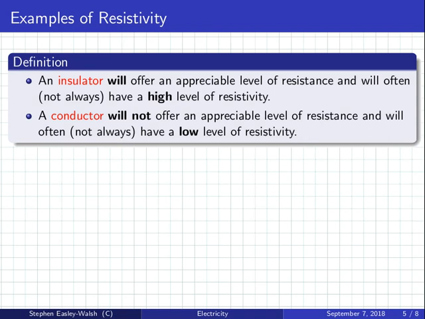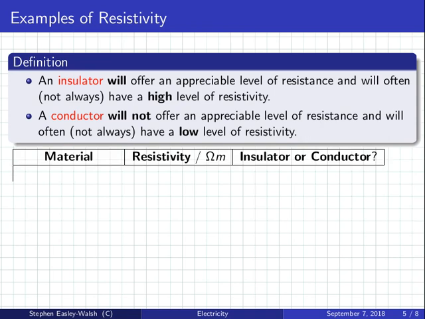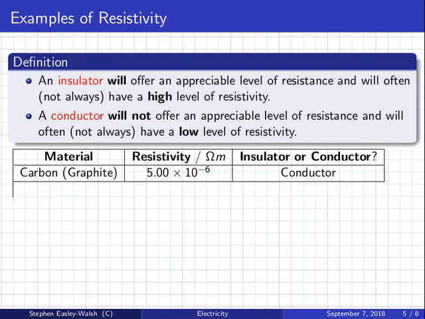Okay. So, let's have a look at some values. Graphite. Graphite is actually an excellent conductor. So the graphite in your pencil is a very, very good conductor. Did you know that?